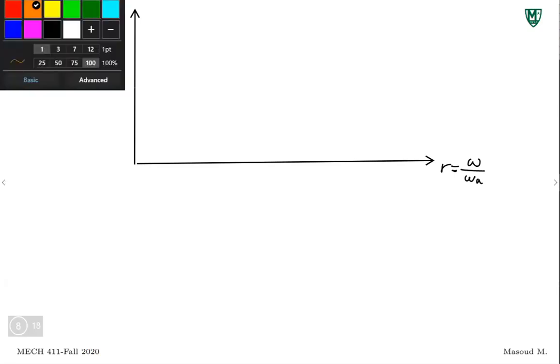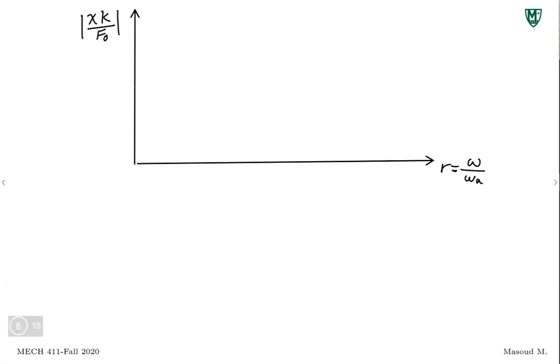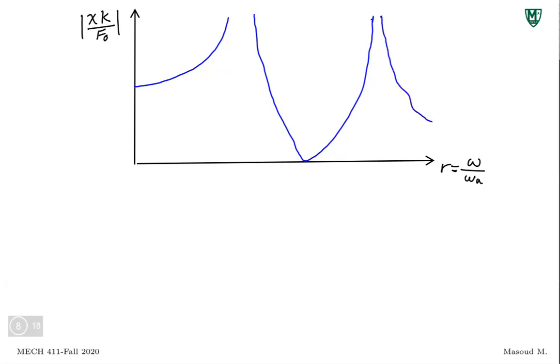If I draw this for my system, again, not always this clean and neat, you'll get something along this line. It goes up, goes all the way up. This is, let's say, some natural frequency. Comes down, gets to 0. Goes all the way up again, to some large magnitude, and then goes like this.